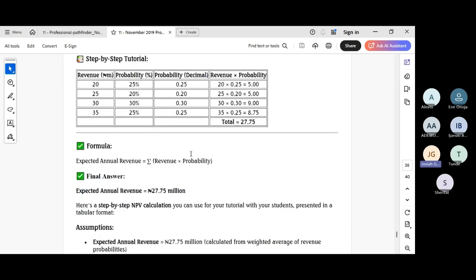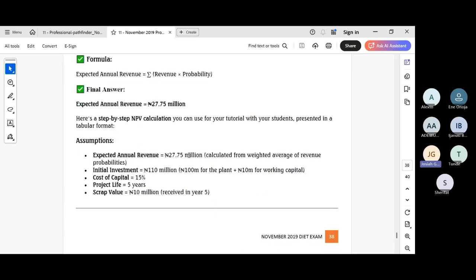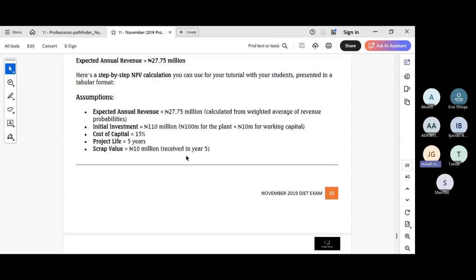And we also had the step-by-step computation and explanation of the expected revenue, the initial investment that was provided, plus the working capital, and also the cost of capital, the project, and the scrap value after 5 years.